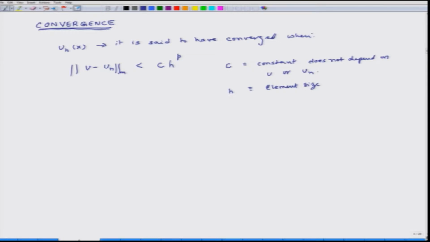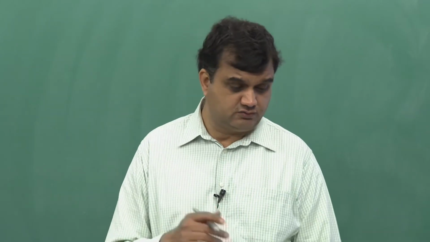It need not be the exact element size, because you may have a mesh with all sorts of element sizes, but it depends on the element size. Overall if your element size is small, then h is small, and so on.